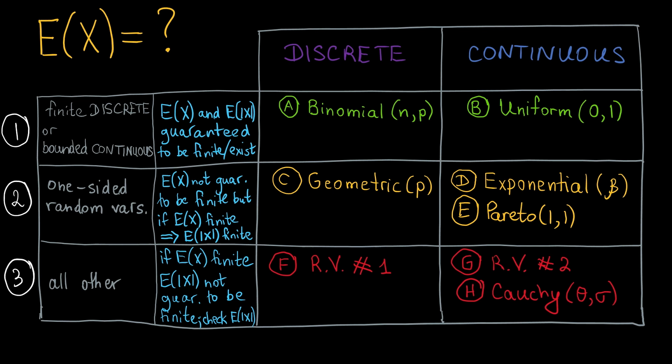We still have to go and check that the expected value of the absolute value of x is also finite. Okay, so that wraps up this introductory section on the expected value. Now we're ready to move on to the material that Casella and Berger covered in this section 2.2.